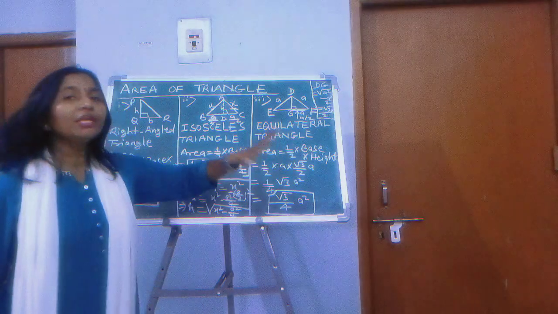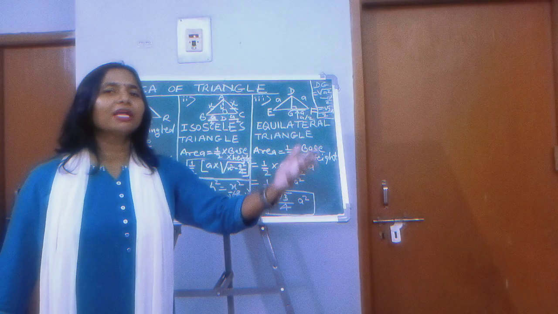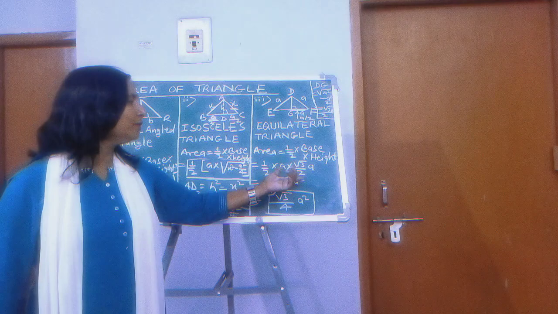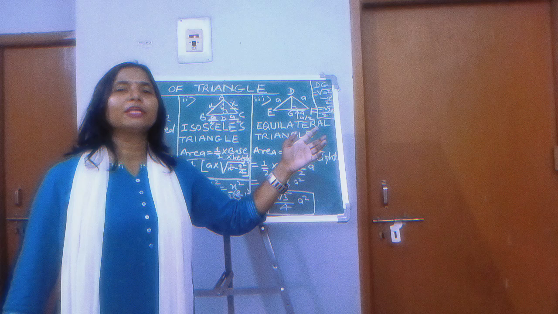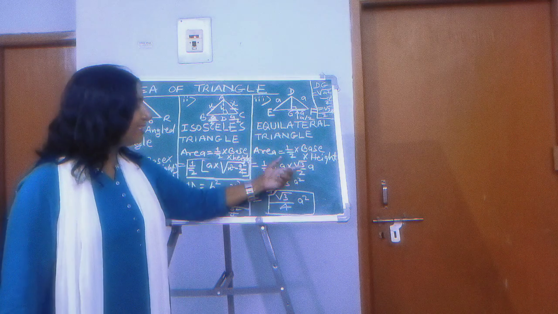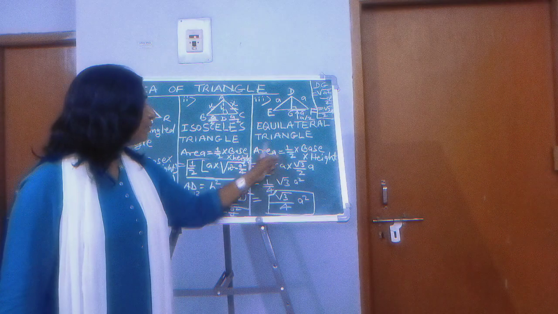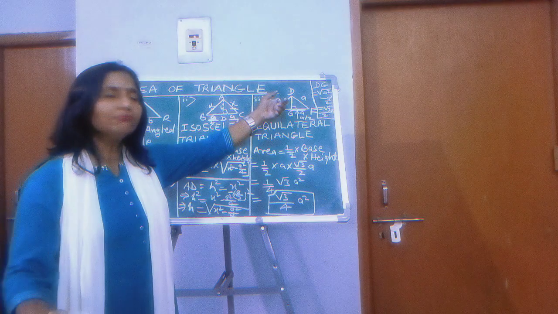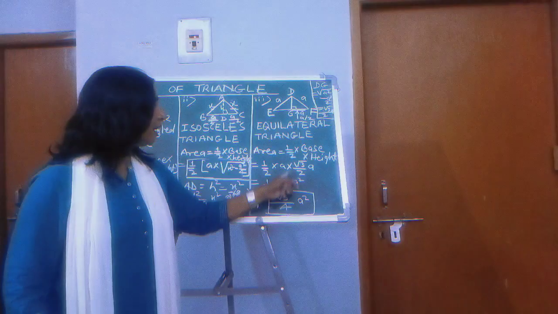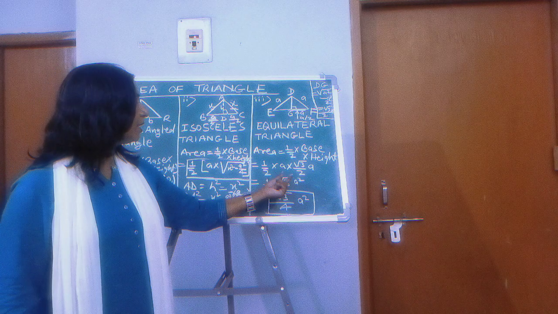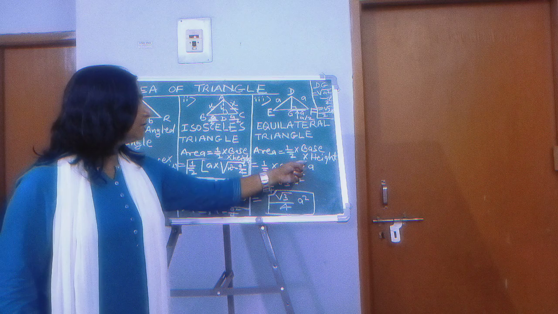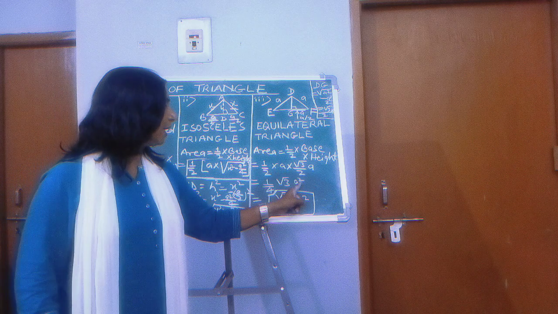So in the general formula for the area of a triangle, we are just substituting these two values in order to get the particular formula for the area of an equilateral triangle. Once again, area of this equilateral triangle will become 1 by 2, base is equal to A, height is equal to root 3 by 2 into A. So finally, 2 into 2 is equal to 4, this is root 3 A into A, so A square.